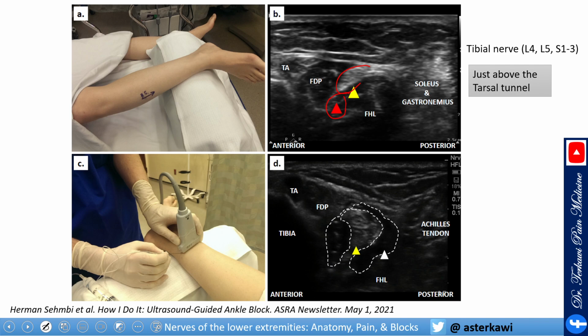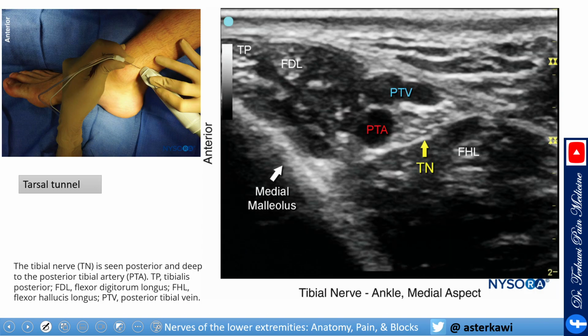So you can block it here, or even you can place the stimulator here, whether you are treating pain on the sole of the foot or for urology indication, or you can go even lower at the tarsal tunnel level, and again you will see the artery very clearly.